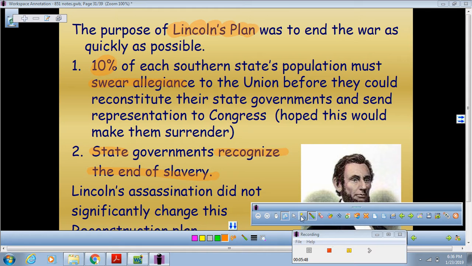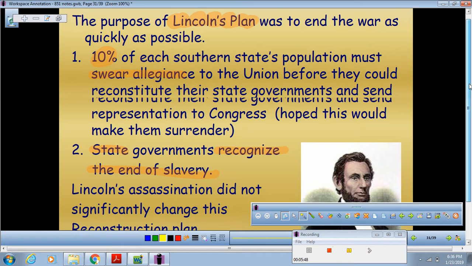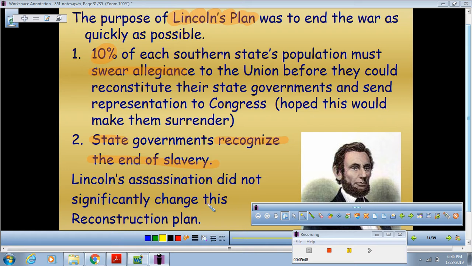An important fact I missed is that Lincoln came up with this plan actually during the Civil War, which was not a harsh plan, hoping that the southern states would see that there was not going to be serious retribution from the North for the Civil War. He said, hey, this is all I want.